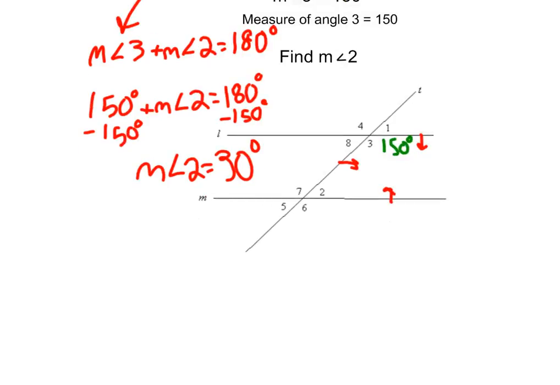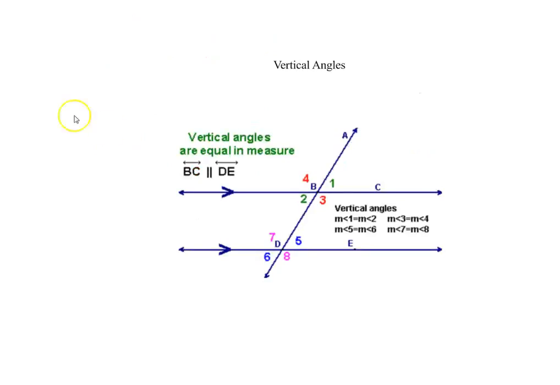And as we push along, we've also got vertical angles. Vertical angles are a little bit different. Vertical angles just show us a relationship of our angles here, and I like to think of it as opposite sides of an x. If you look at angles 1 and 2, they're on the opposite sides of this x, here and here.